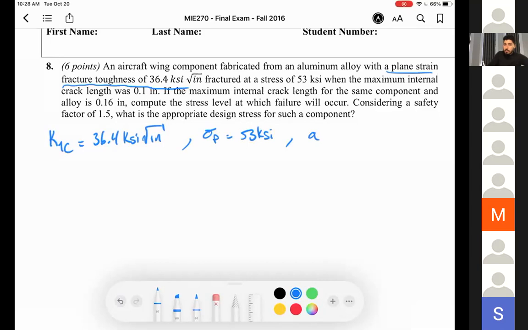So we don't want internal, we want a over 2, which is correct. So we're going to say our crack length is equal to 0.1 inch divided by 2. So half an inch. Okay? Are we good so far?